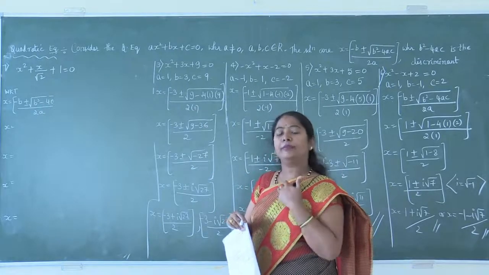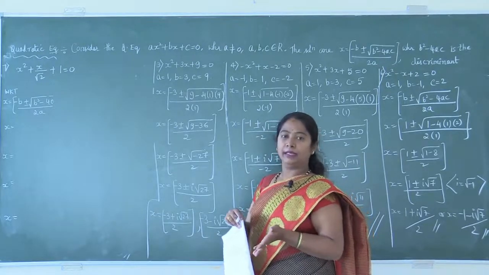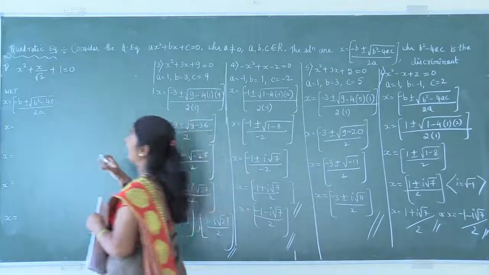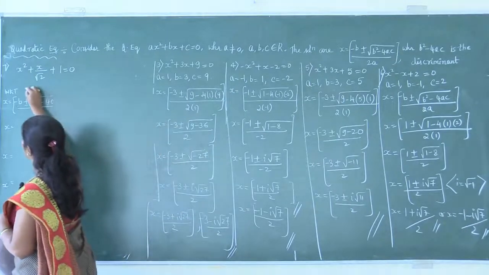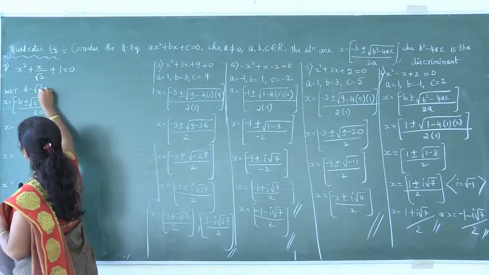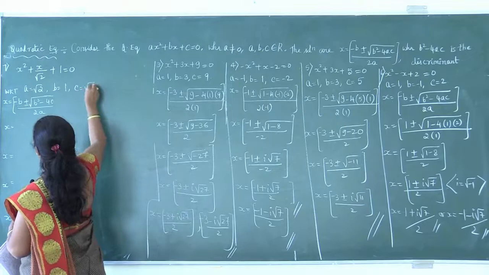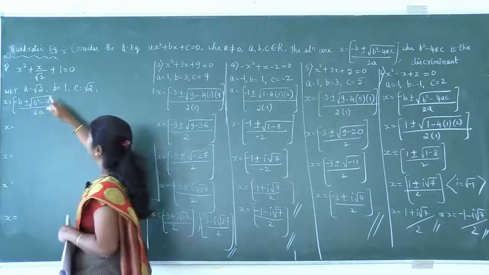Or you can multiply throughout by root 2 to eliminate the denominator, so that the value of a will be root 2 into 1, which is root 2, the value of b will be 1, and the value of c will be root 2.